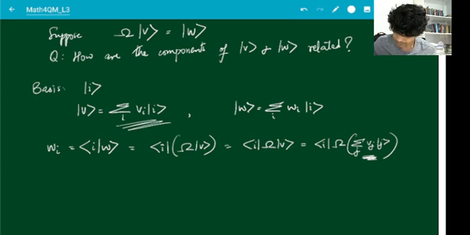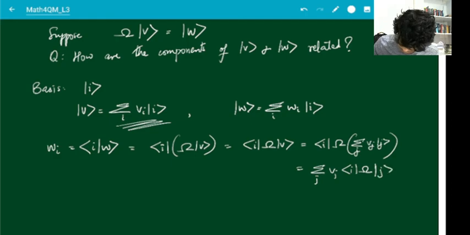Alright, now what I can do is pull out these v_j's. So this is summation over j, v_j, and then ⟨i|Ω|j⟩. If you don't mind, I'll write the v_j on the other side.